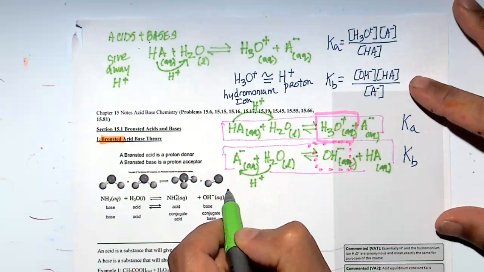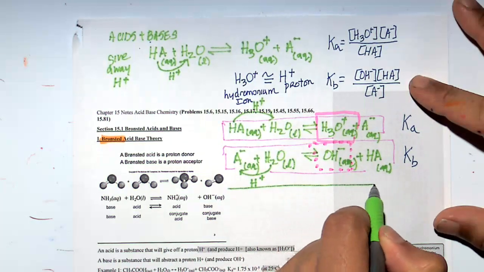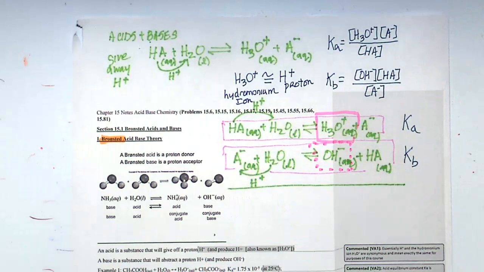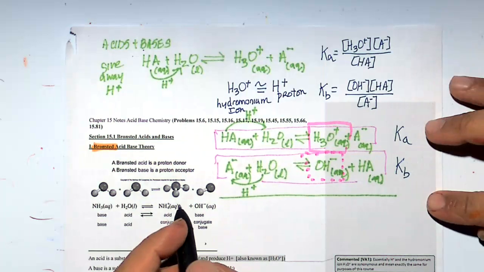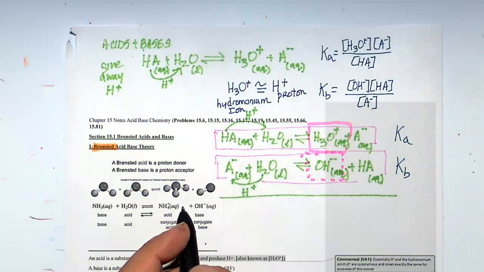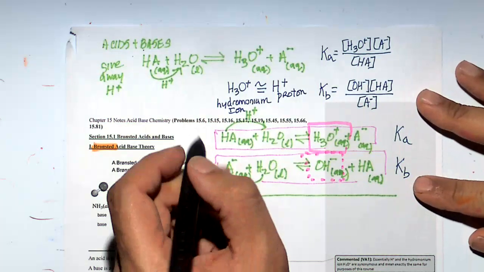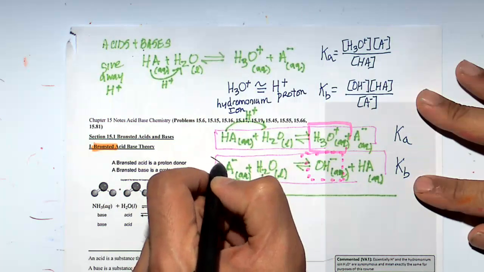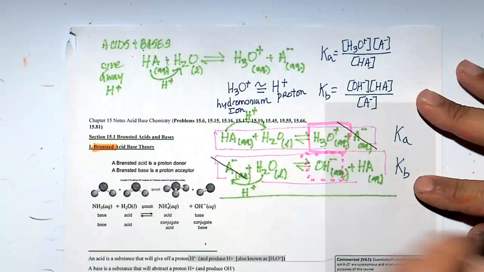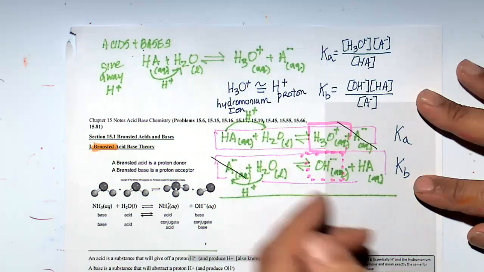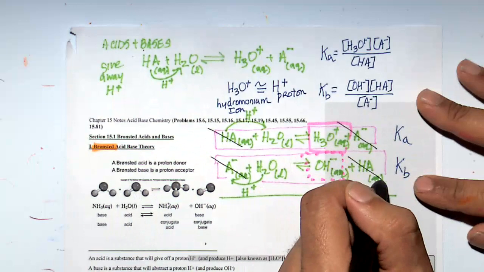Finally, I'm going to add these two reactions, and this is the last bit here. If I add these two reactions, I multiply the equilibrium constants. Another thing happens. A- cancels out with the A-. The HA cancels out with the HA.